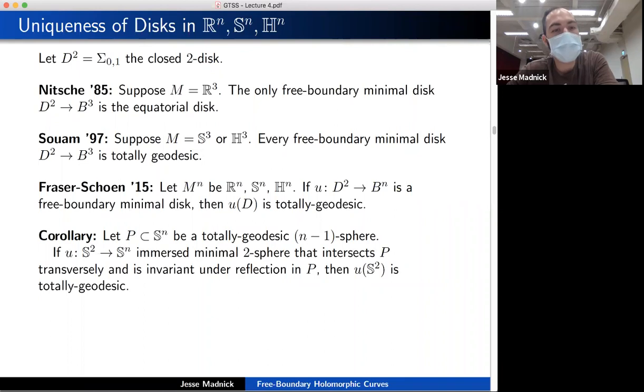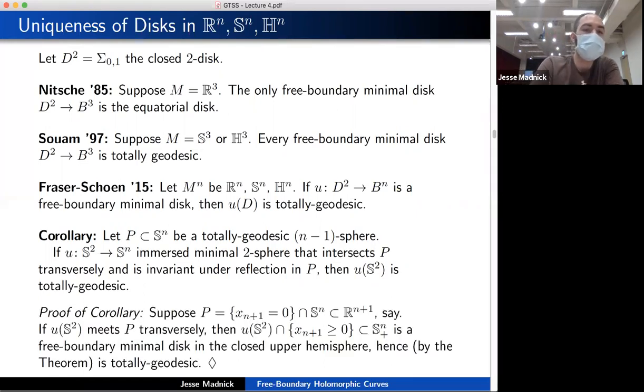We're going to assume that U is invariant under reflection in P. Then it turns out that U of S2, your minimal 2-sphere, has to be the totally geodesic 2-sphere. So roughly speaking, reflection invariant minimal 2-spheres in Sn have to be the trivial one.